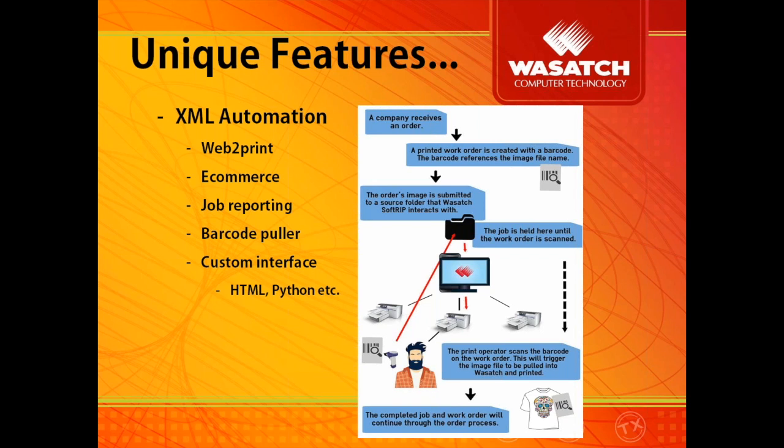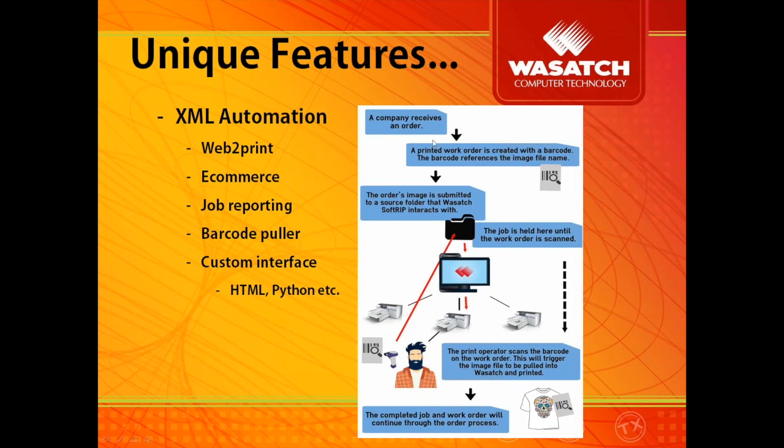Okay, there's different software that we've worked with to integrate different web to print and e-commerce software packages that are out there that are taking files that maybe a customer is uploading, and we're integrating with those other applications to smoothly get files out the door.